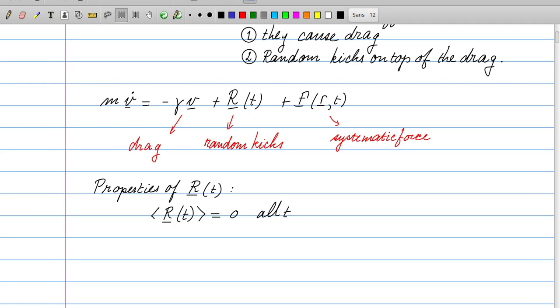So what does the average here with the angular brackets mean? Because this is evaluated at one particular time t. Well, the average expressed by these angular brackets is an average over all the possible realizations of the random force. So if we start a simulation or an experiment, we get a certain random force, then we do it again and again and again.